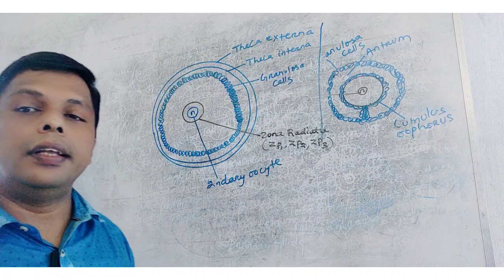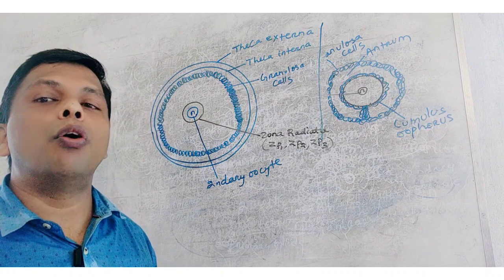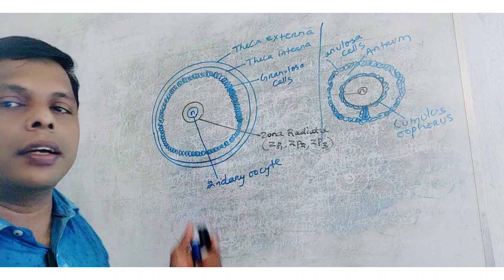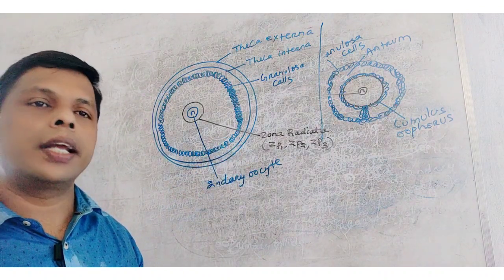Above it is the inner layer of the cumulus oophorus, with an inner cell layer and an outer cell layer, combined with the granulosa cells.